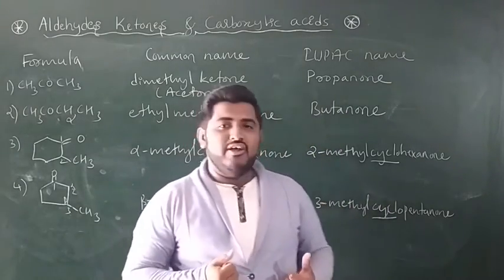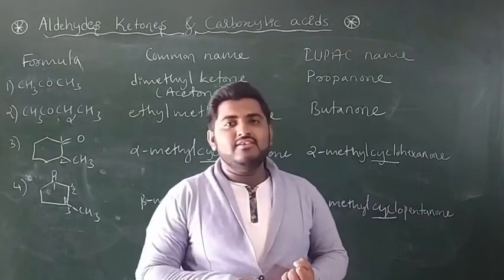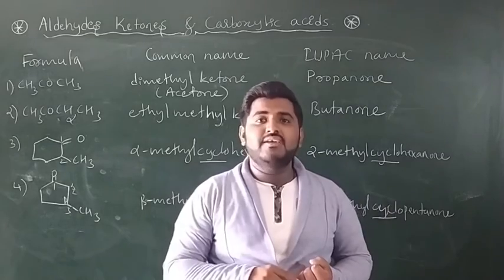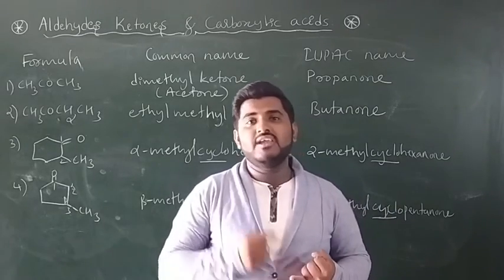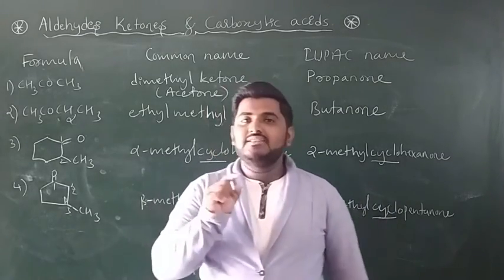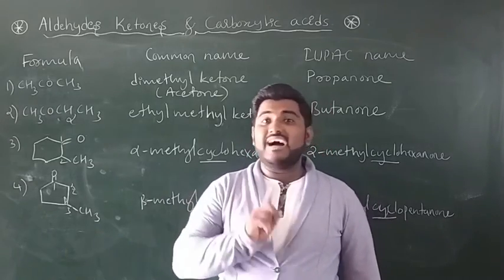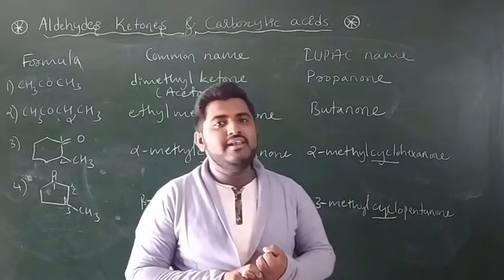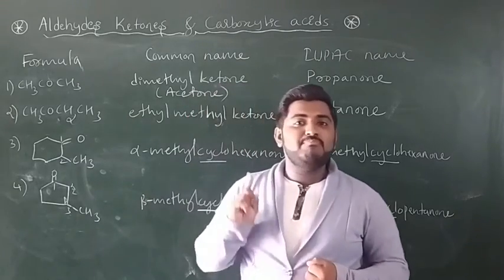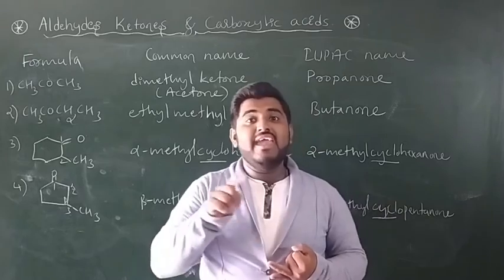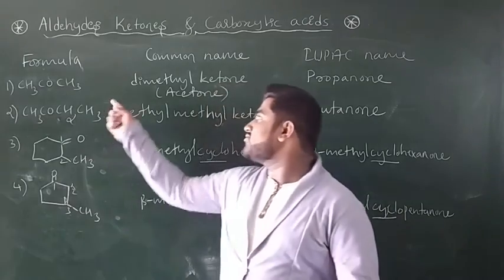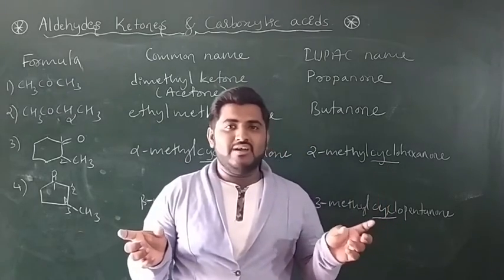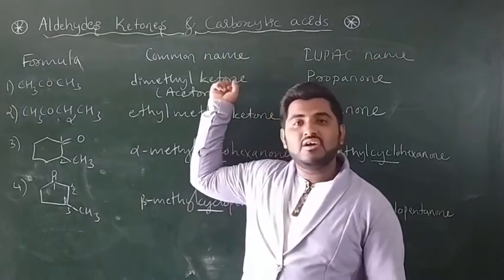So I will just recall what we have studied up to now. In aldehyde common system, we name by aldehyde. In common system, we take the corresponding carboxylic acid, in that oic acid is replaced by aldehyde. And in the IUPAC system of naming aldehyde, we replaced the E of the parent alkane by al. In case of ketone, in common system, we name both alkyl groups attached to the carbonyl group, after that we add the word ketone.